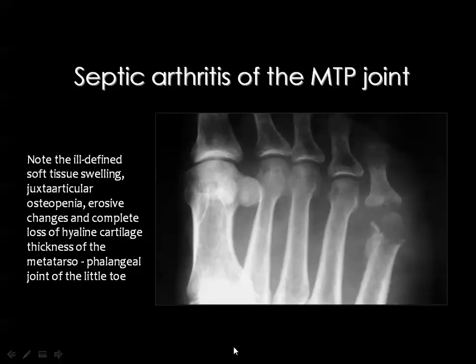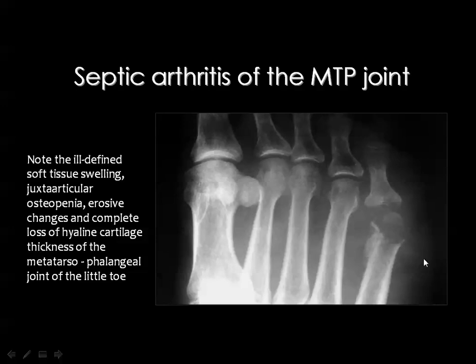And as I have said, the best example nowadays for septic arthritis is the diabetic foot. In cases of diabetes, there are a lot of reasons that contribute to infection of the foot, and there may be osteomyelitis or septic arthritis or both.